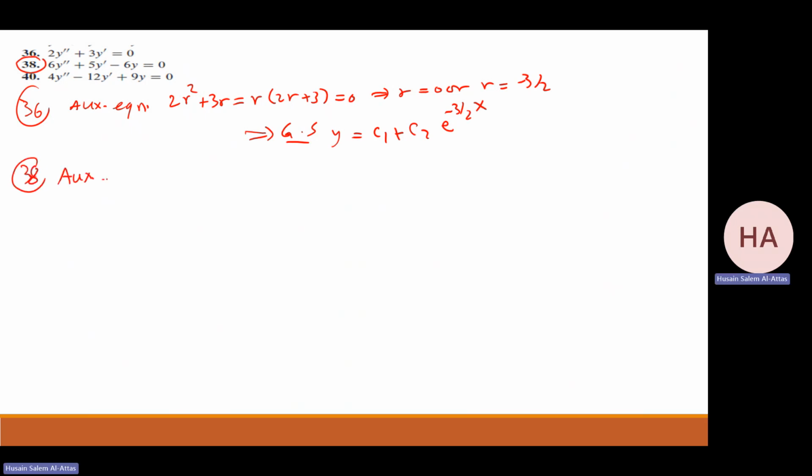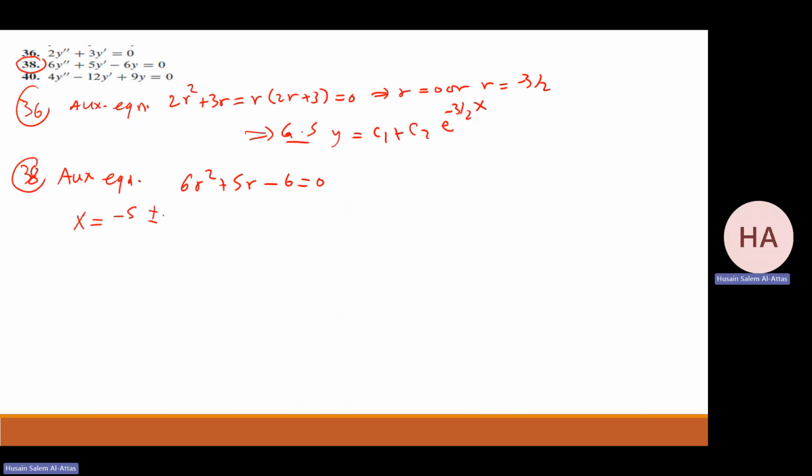Auxiliary equation, or characteristic equation: 6r squared plus 5r minus 6 equals 0. Can I factor it? Let me try. Let me do it with the quadratic formula. r will be what?